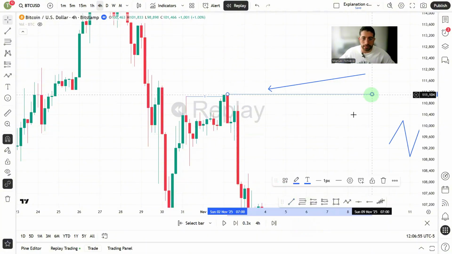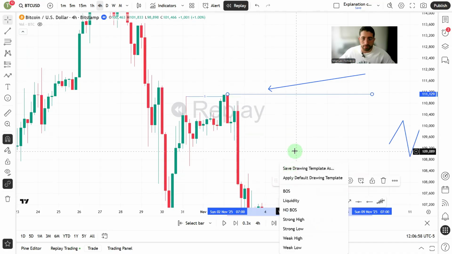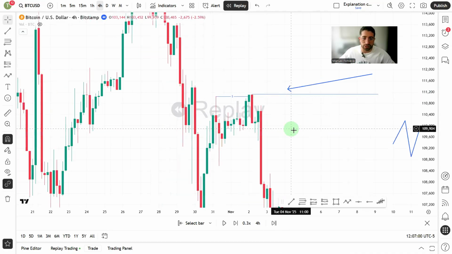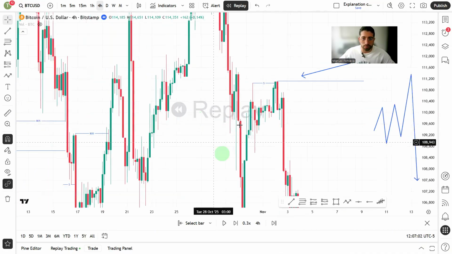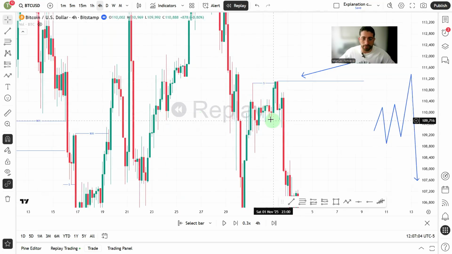So this could be, or oh no, wait, this is just a high. Now, because this is the swing high, we're gonna have to find the swing low, the lowest point of the market. It could be this one, it could be this one as well, or it could be even this one, right? I will take this one.